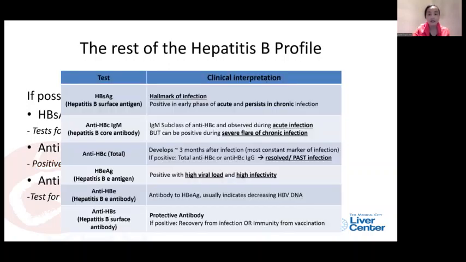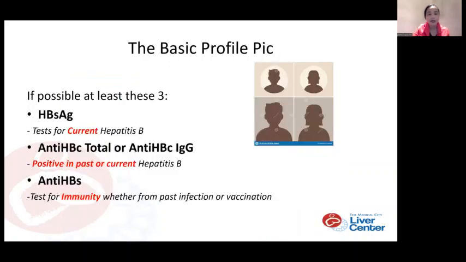This is basically the rest of the hepatitis B profile, but at least remember these three things and ask for these three things because these are actionable parts of the hepatitis B profile.